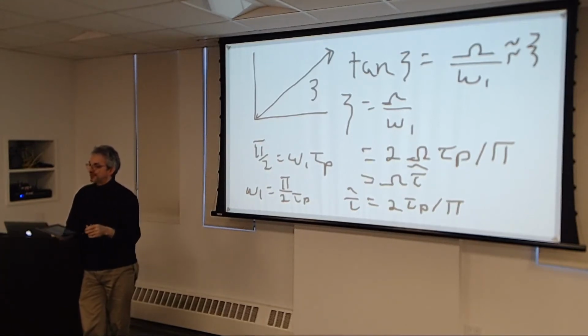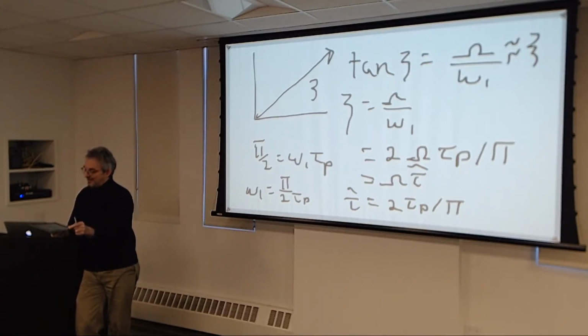But from the standpoint of evolution of magnetization, what we just said is that the evolution looks like we had a little short delay whose length was 2 tau p over pi, and then a delta function rotation by alpha, off resonance, and then another little delay of length 2 tau p over pi.